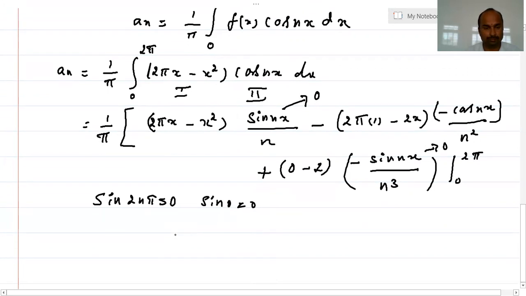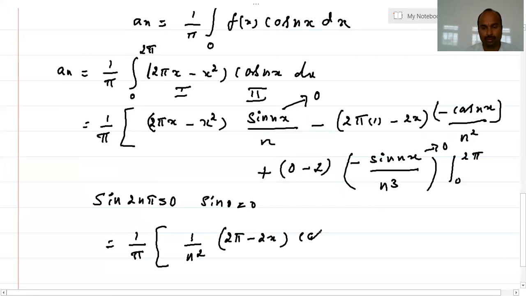So therefore I will rewrite it as 1 by pi into the integral. Here minus into minus will be plus. We can take out the constant, that is 1 by n square, outside: 2 pi minus 2x into cos nx, the limits from 0 to 2 pi.